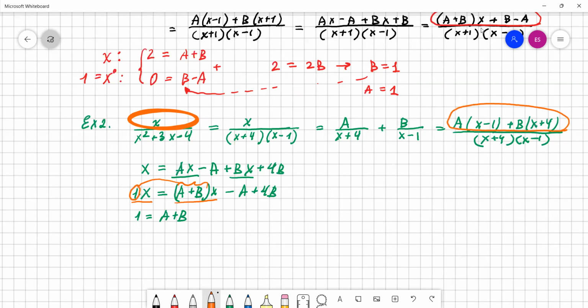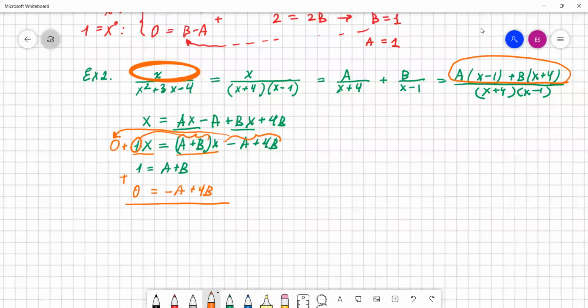X to the 0 power has no coefficient. So I'm going to compare this expression to 0 here, and write down that 0 equals minus a plus 4b. And solve it like I was doing before. Usually, guys, the results are not going to be very nice, but it's not going to stop us from solving anything. Here, for example, I'm going to add these two equations, get 1 here, right? 1 plus 0.